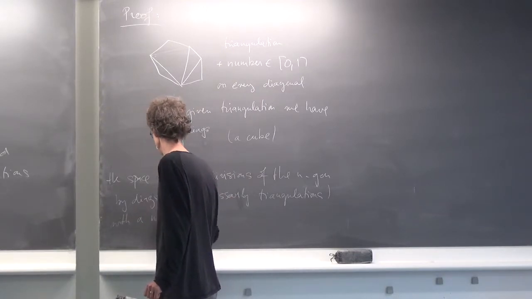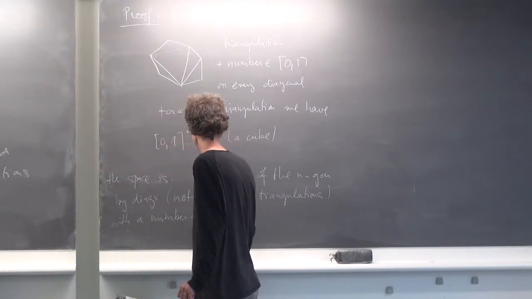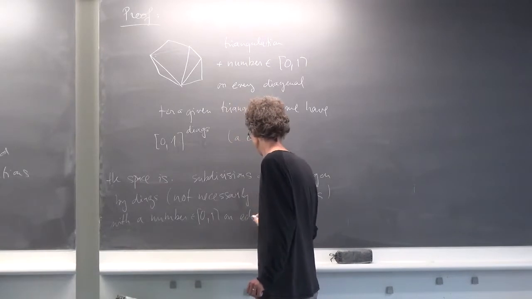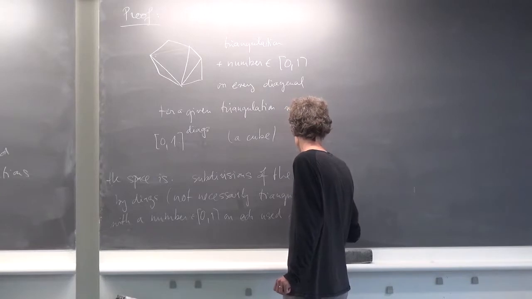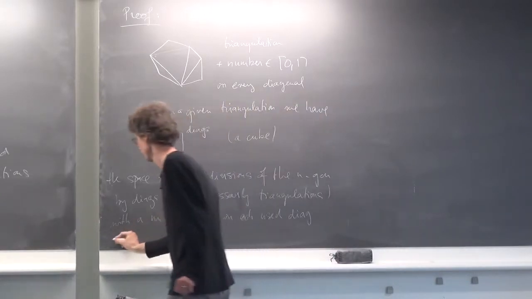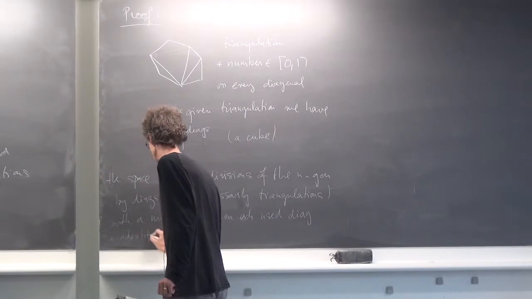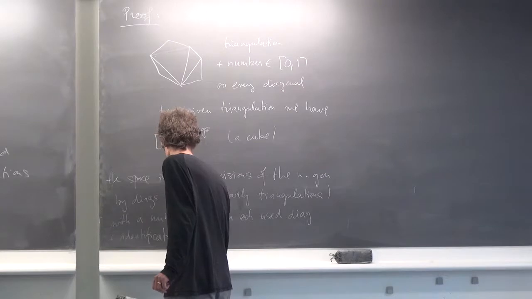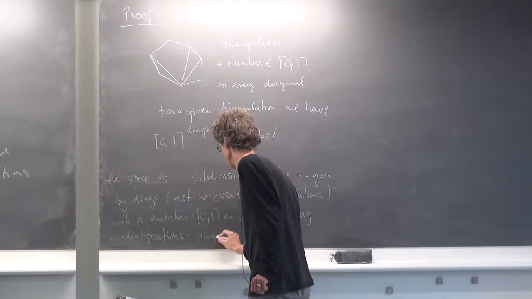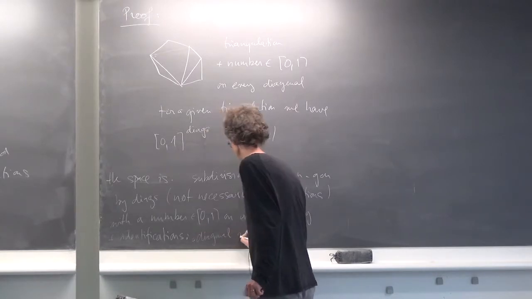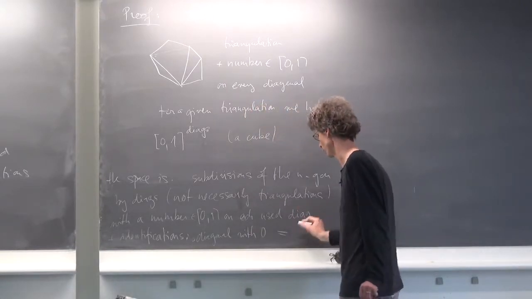With a number from [0, 1] on each used diagonal, plus identifications, which simply means that a diagonal with 0 is identified with no diagonal.